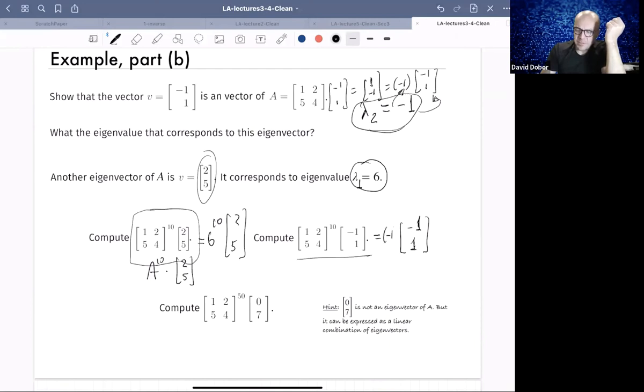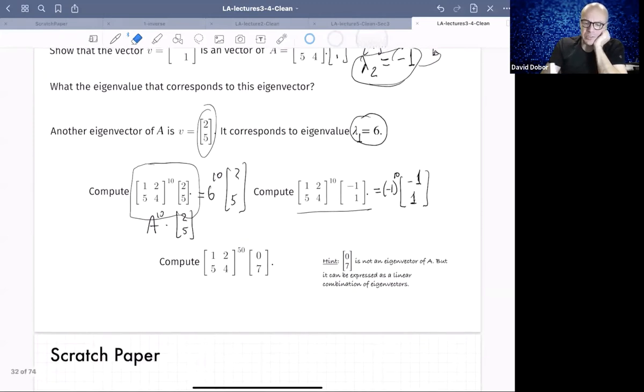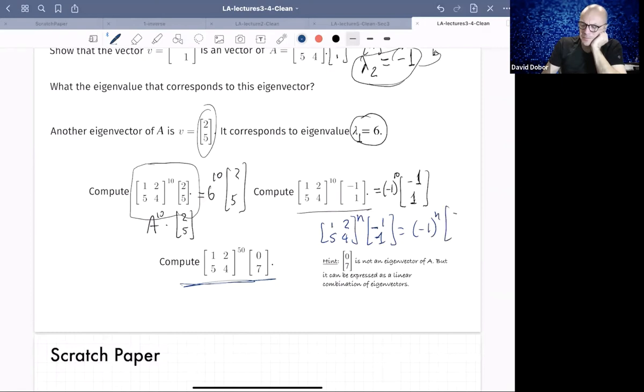So in general, for an n like 2168, this is a good exercise you should do on your own. If you get stuck, there is a solution in the back. The matrix to the nth power applied to -1, 1 is very easy to compute.